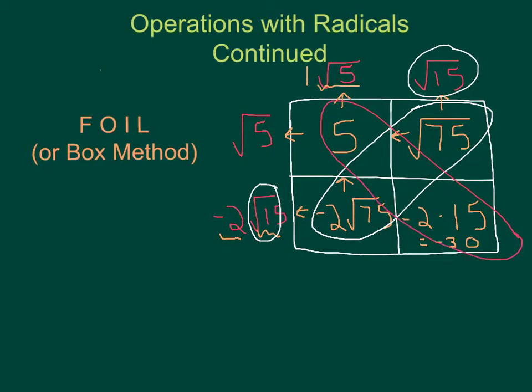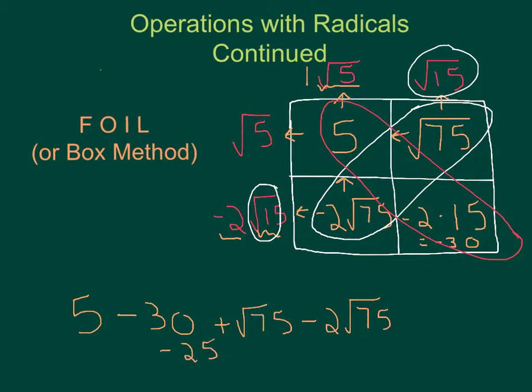I have 5, and I have negative 30, and then I have the square root of 75 minus 2 square root of 75. So I can combine them together. 5 minus 30 is negative 25. And then I have 1 square root of 75, and I'm taking away 2 square roots of 75, so that's minus the square root of 75.